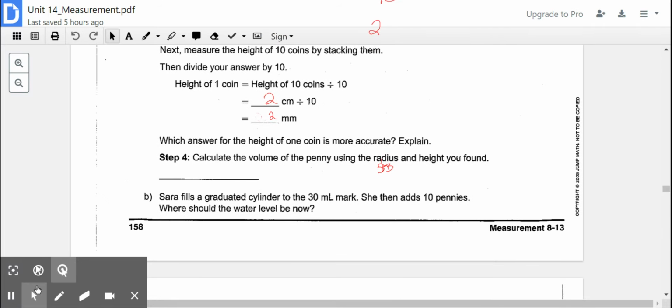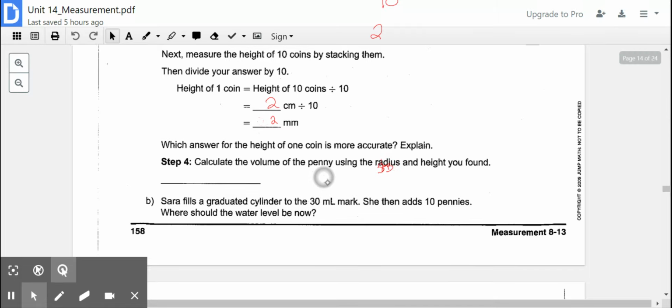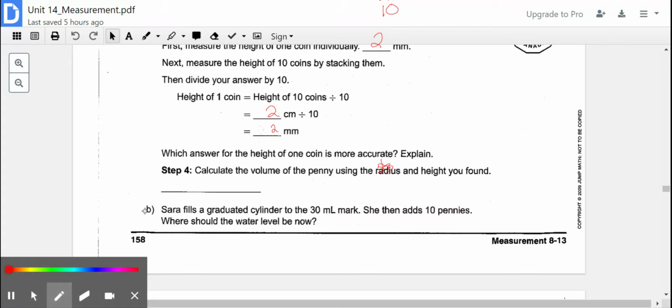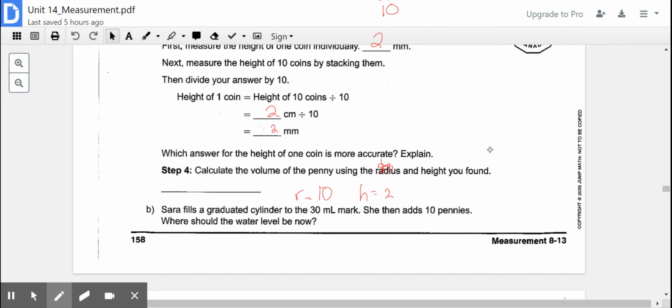Okay, let's take a look at number 4. Calculate the volume of the penny using the radius and the height you found. The radius was 10 and the height was 2 millimeters. We're going to use our volume for a cylinder, which is volume equals the area of the base, which is pi times the radius squared, times the height.